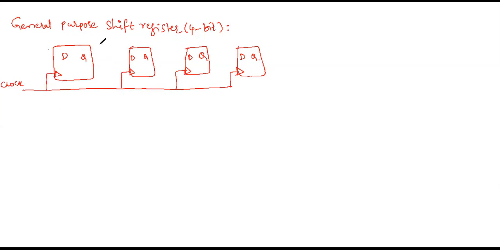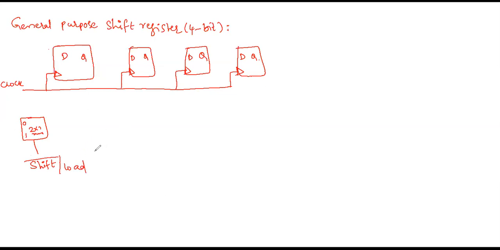Now, to apply the input, we are using a 2 by 1 mux. This is the 0 input, this is 1 input. Selection line, we are using a control input shift bar by load.